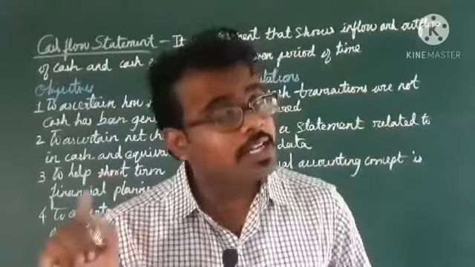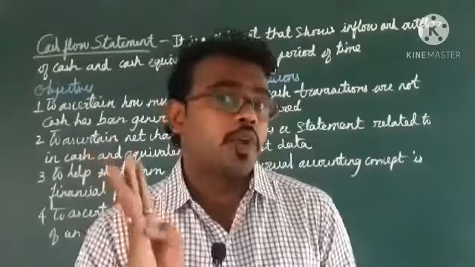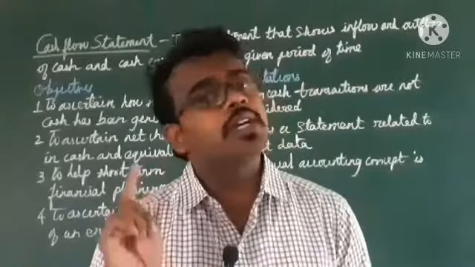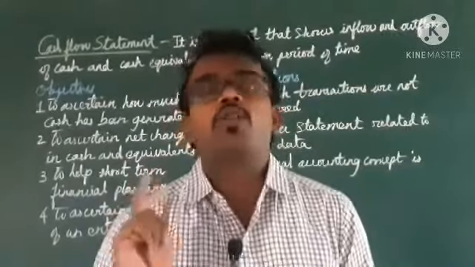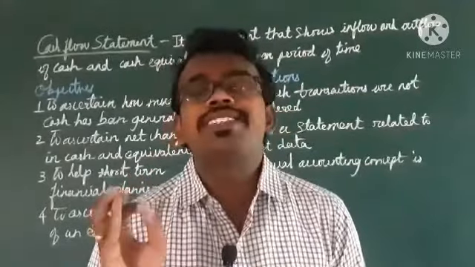What is the closing balance? 500 rupees. So, how much cash did you get extra? 400 rupees. To know how much cash we have in the organization, we have to prepare the cash flow statement. Hope you are understanding that, to ascertain the cash and the cash equivalent value.